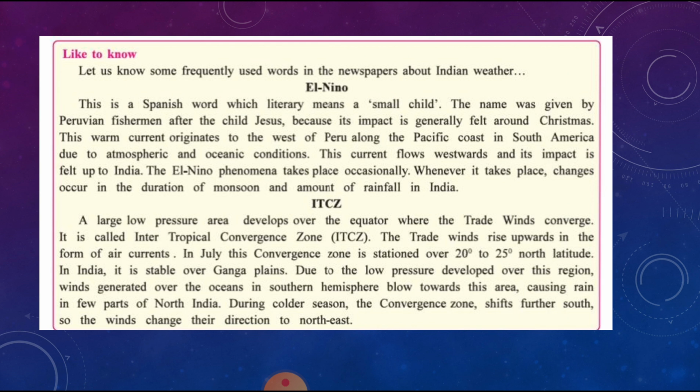In the northern hemisphere, the trade winds move in the southwestern direction from the northeast, while in the southern hemisphere, they move towards the northwest from the southeast. And these trade winds rise upward in the form of air currents. And in July, the ITCZ is positioned over 20 to 25 degrees north latitude.